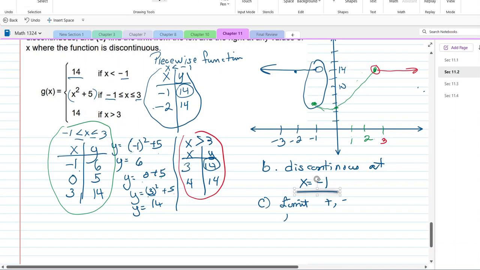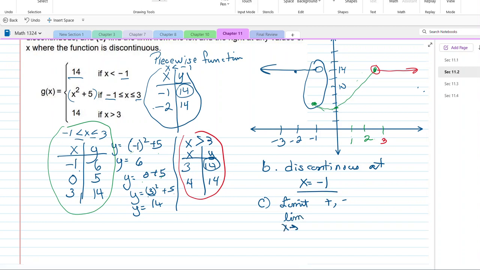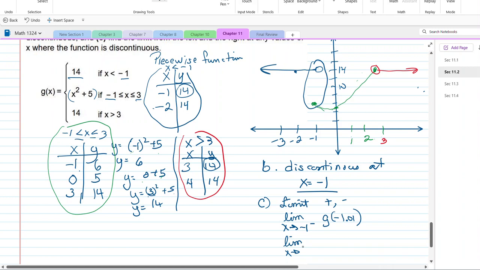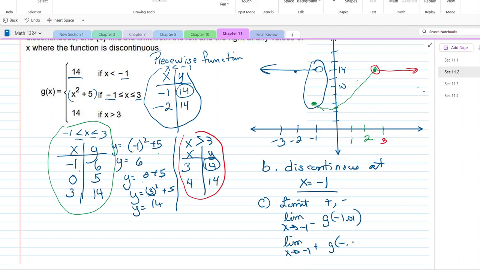So here we go. We want the limit as x approaches -1 from the left of g, so g of -1.01. And then we would want the limit as x approaches -1 from the right of g of -0.99.